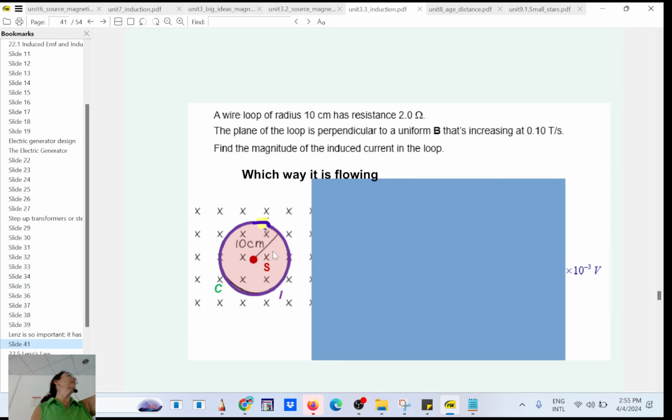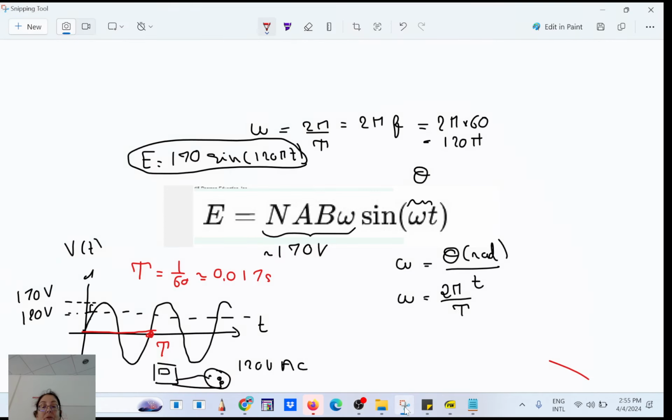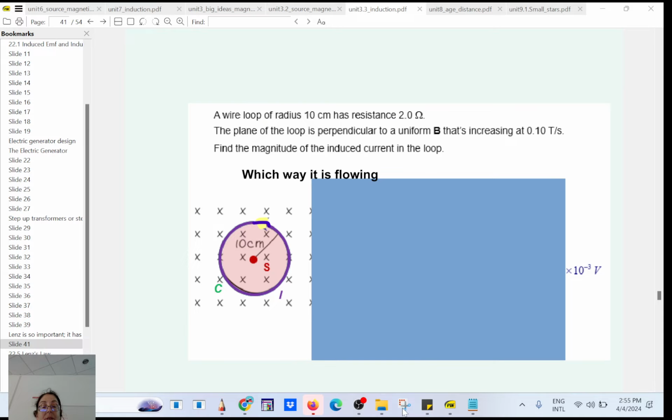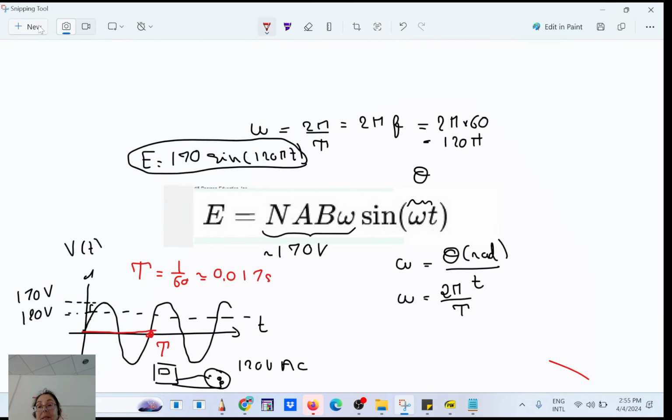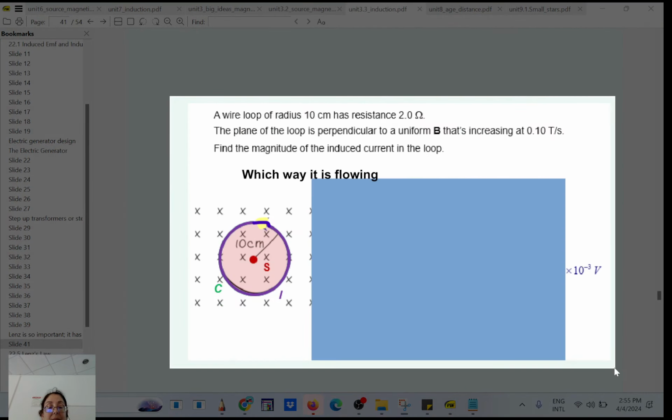So the number of lines are going to increase. That means the magnitude of the magnetic field is going to increase, right? So you take your magnet, zoom into the screen. Go back to your big idea if you want. Make sure to find the right equation. Don't erase your memory.